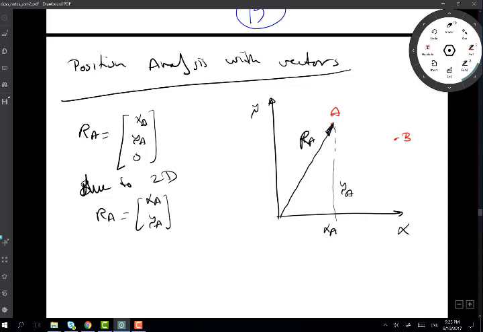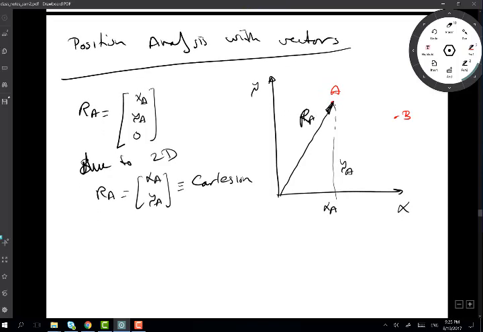That's the Cartesian way of presenting my vector, being X and Y.